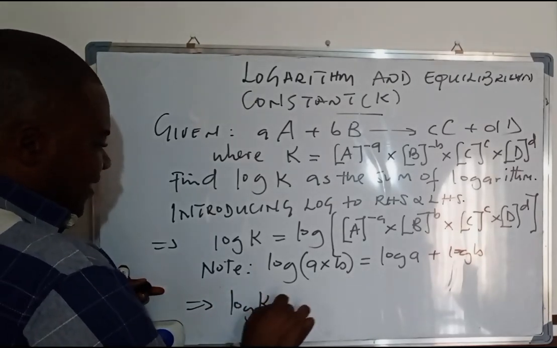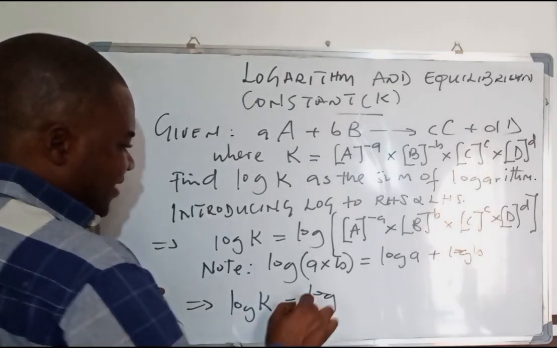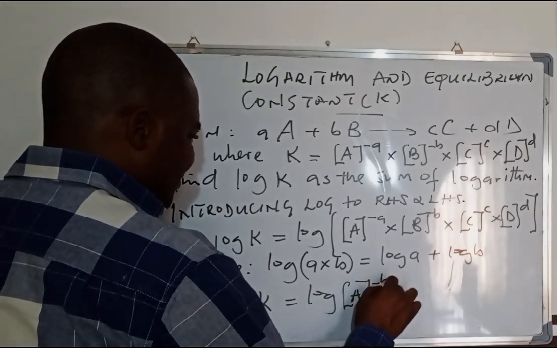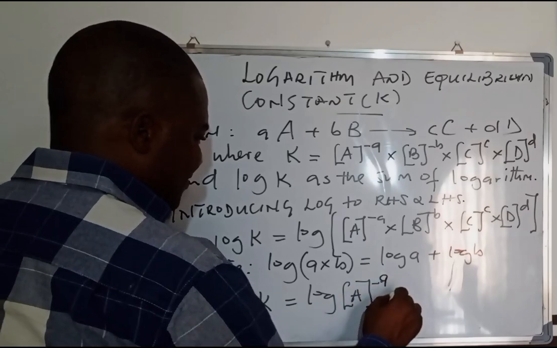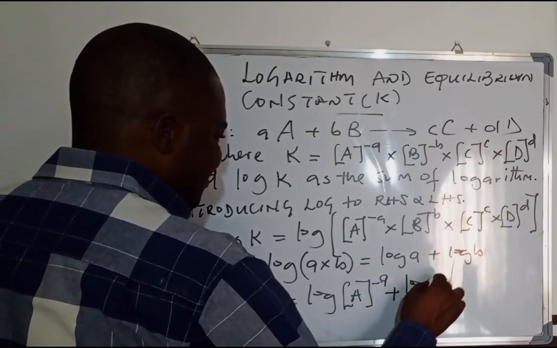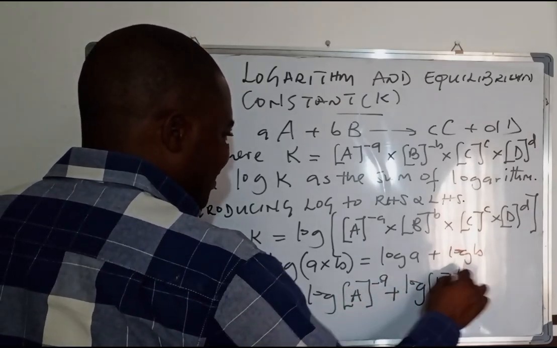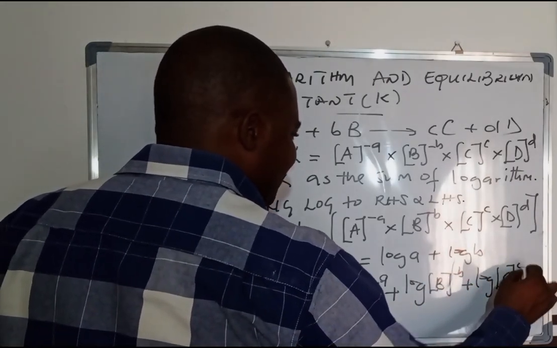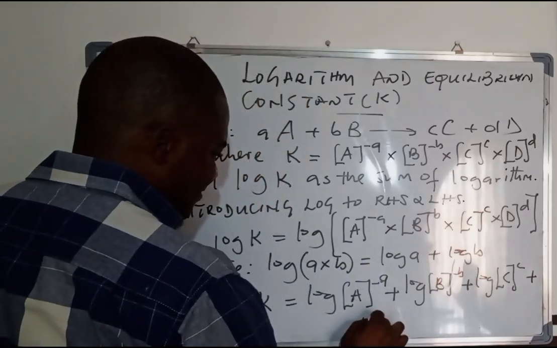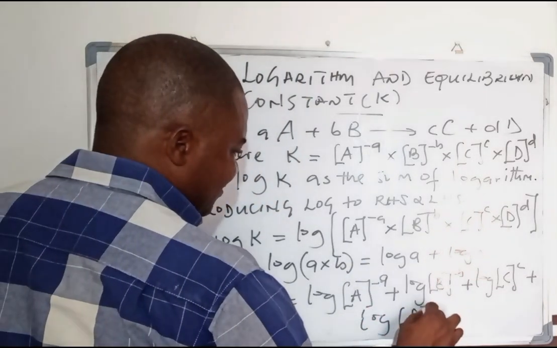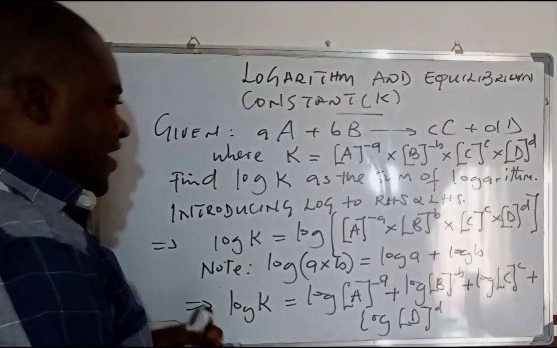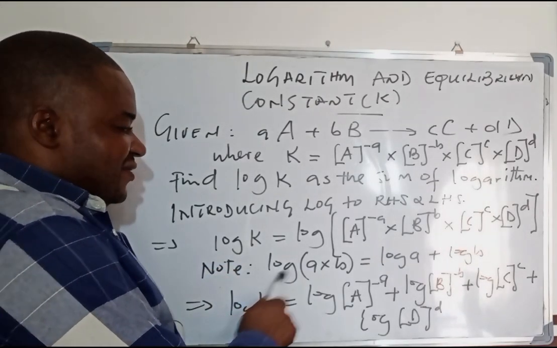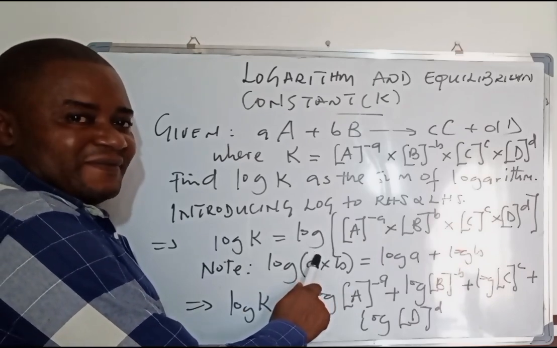We will now have the log of K being equal to the log of A to the minus a, plus the log of B to the minus b, plus the log of C to the c, plus the log of D to the d. We have been able to introduce the logarithm equation to solve this stage of our problem.